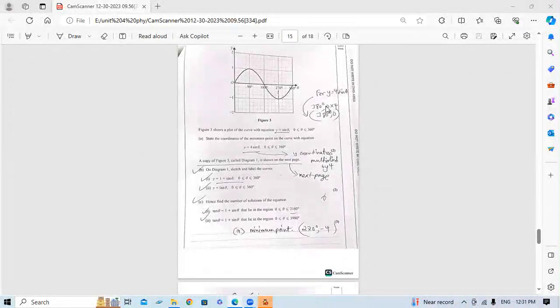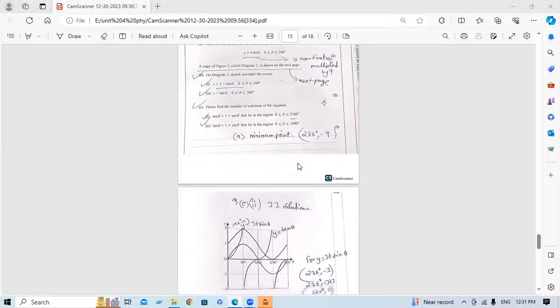For y equals 4 sine theta, it means 180 degrees, comma 0 into 4, 180 degrees, comma 0. State the coordinates of the minimum points on the curve with equation y equals 4 sine theta. 4 sine theta means y coordinates multiplied by 4. A copy of figure 3 called diagram 1 is shown on the next page.